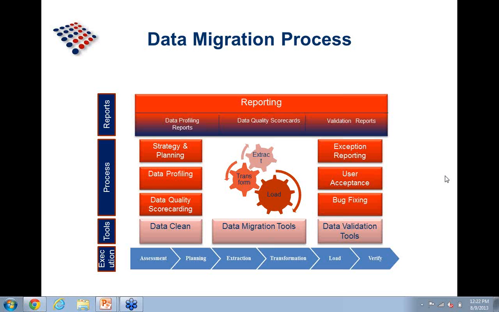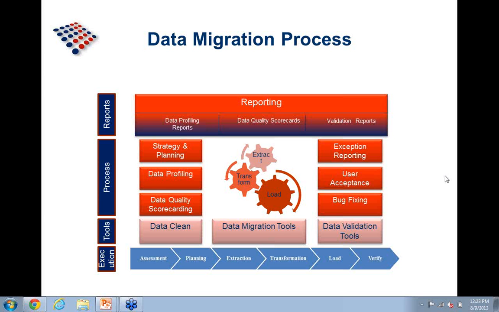The second step in the process is strategy and planning. In this step, a migration plan is created. I can tell you one example: rehearsal planning. In ideal scenarios involving medium-scale migration, we recommend 2 rehearsals before going for a production migration.